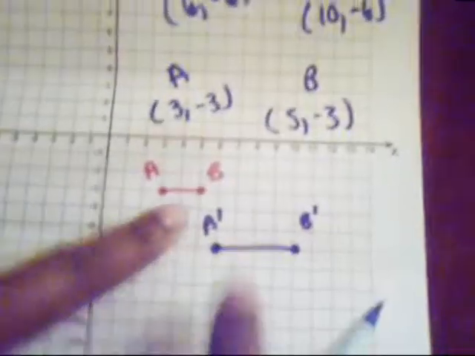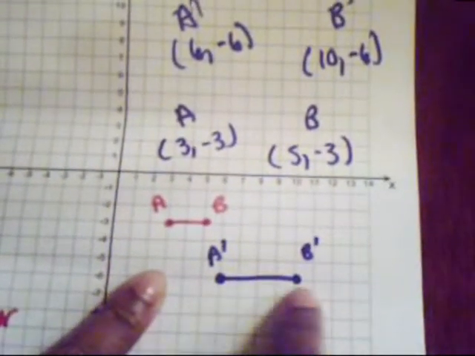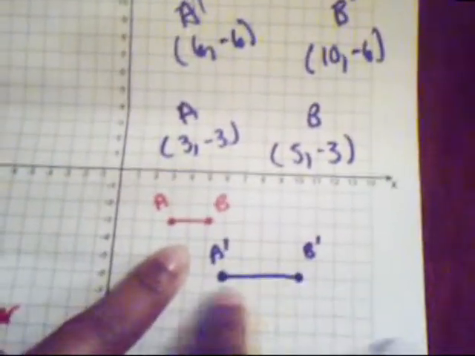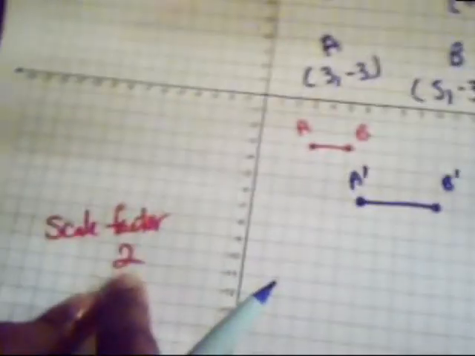Okay, so guys, when we compare AB to A prime, B prime, you can tell the A prime, B prime is a little bit larger than AB, and it should be because our scale factor was greater than 1. So this is an example of an enlargement.